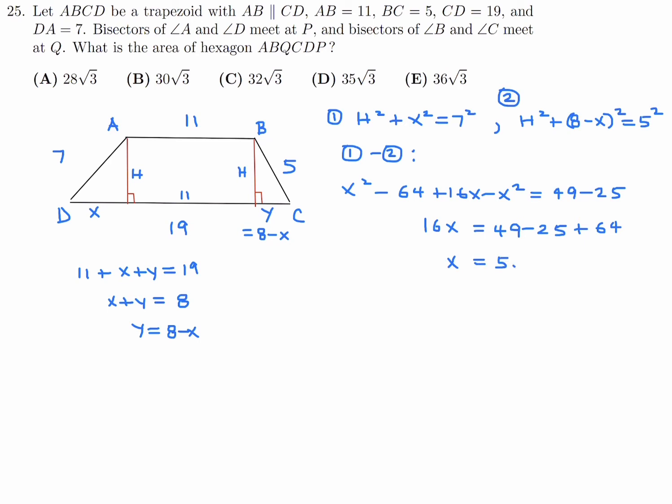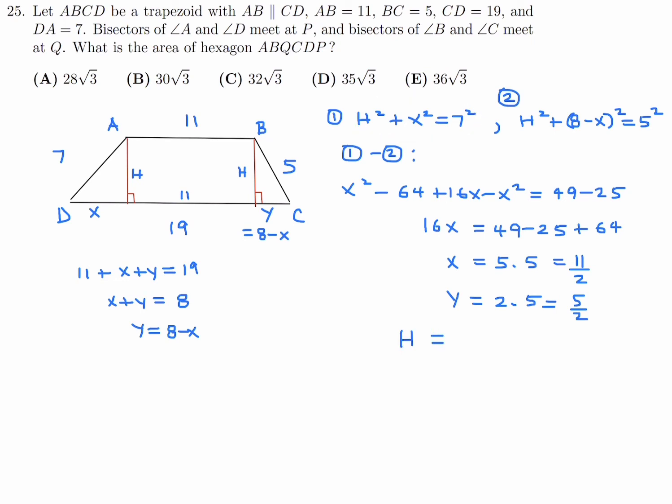And solving, I get x is equal to 5.5. Or if you want to write it out as 11 over 2. Either way. If you want to solve for y, you can. It'll be 2.5, or 5 over 2. But what we really want is h.